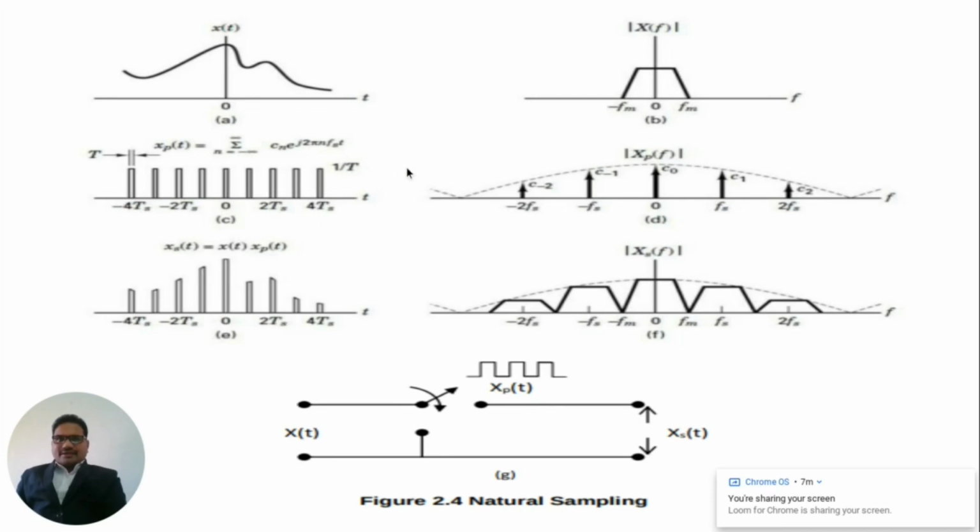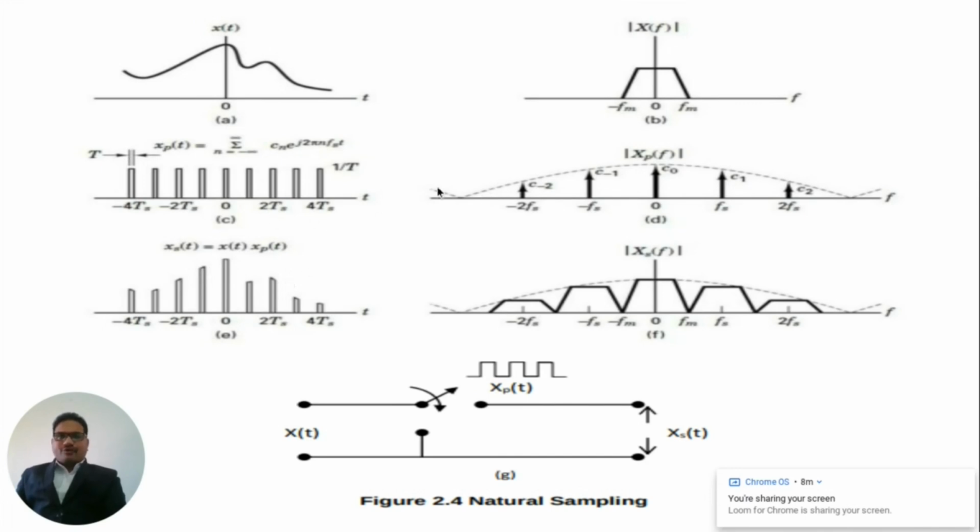Now, this sampling is termed natural sampling. Why is it called natural sampling? If you see the figure, the top of this sampled signal retains the shape of the instantaneous value of the original signal. So that's why we call it natural sampling.